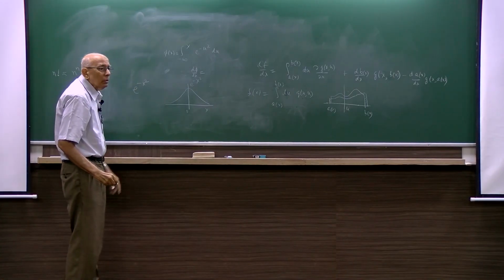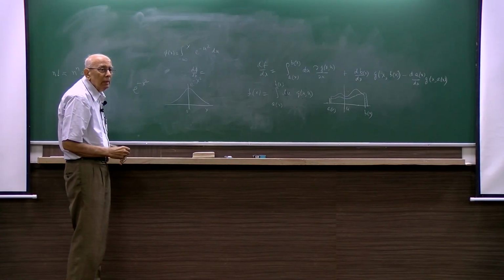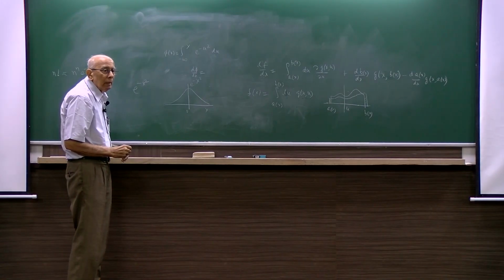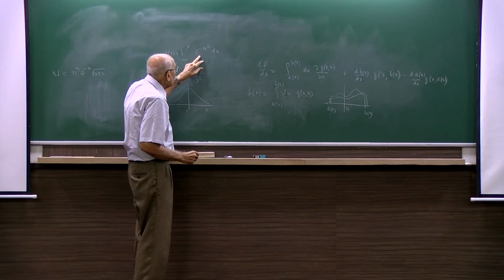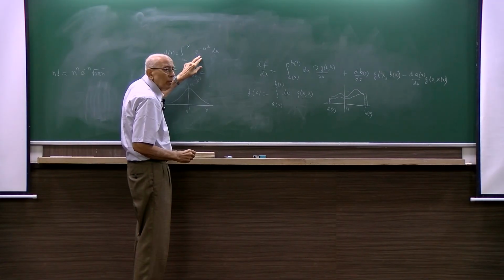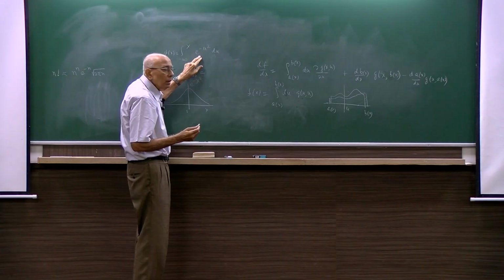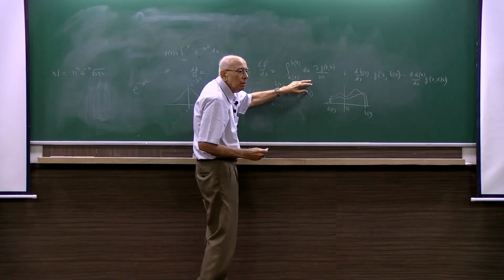Using that formula, what would you say? What's inside the integrand is this function g of x comma u, but there's no x dependence. So this term would not contribute.